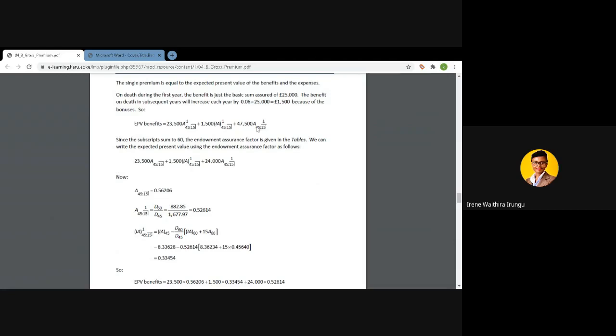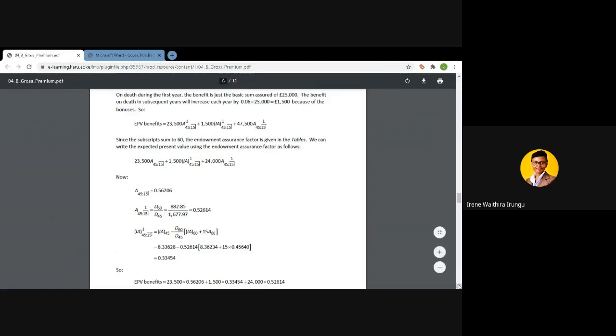So we are splitting the pure endowment part to constitute a sum of 23,500 and 24,000, so that I can combine the 23,500 for the pure endowment with that of the term to form the endowment part, so that this can be read directly from the tables, and you can obtain this part of the pure endowment by expressing your functions in terms of the D. And now for the increasing part, again revisit your ACS 222, so that this is now the correct expression, from which you can now read your values respectively from the tables.